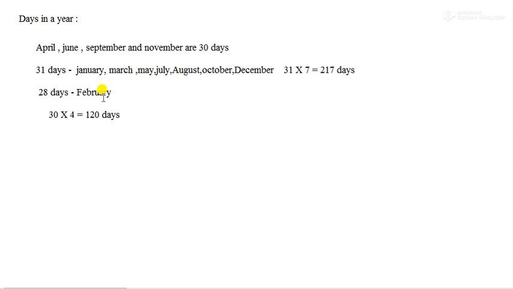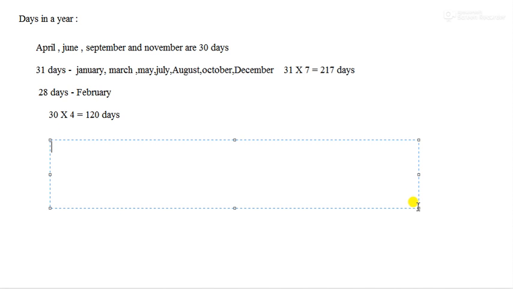The total number of days in 12 months equals, now add all the 3: 217 plus 120 plus 28. So it equals how many days? It's 365 days. So in a whole year we have 365 days.